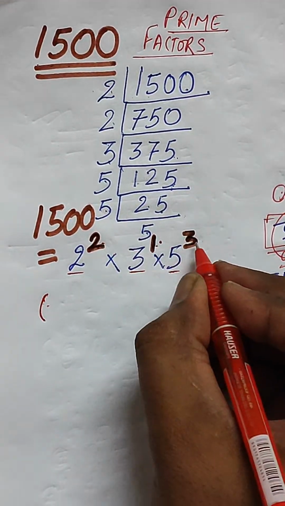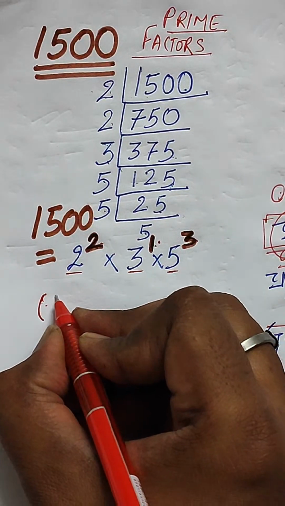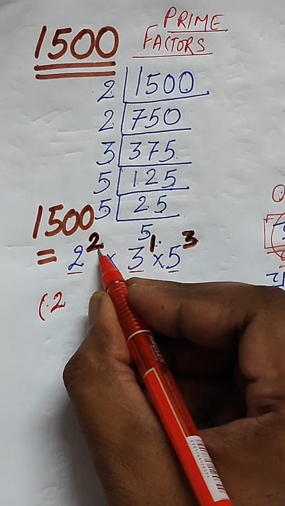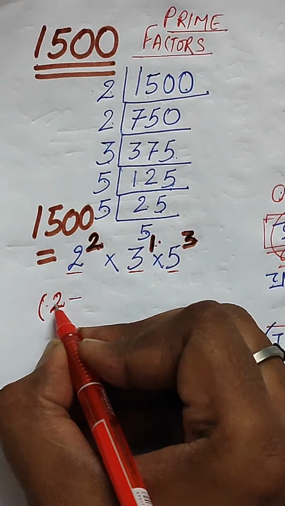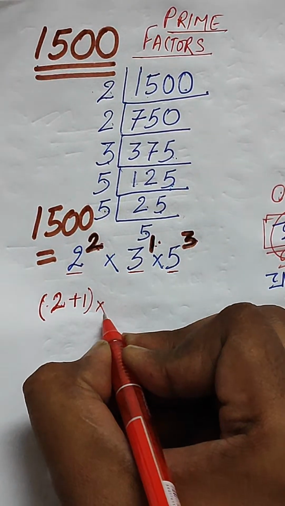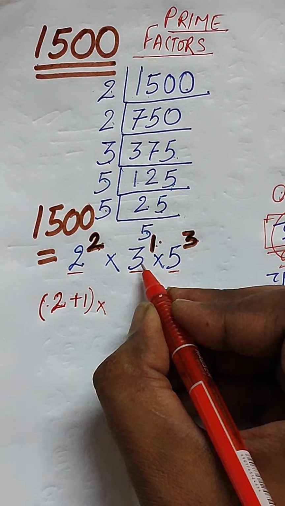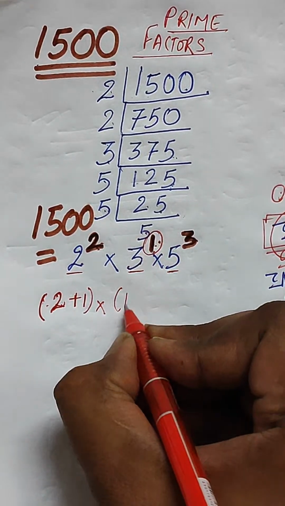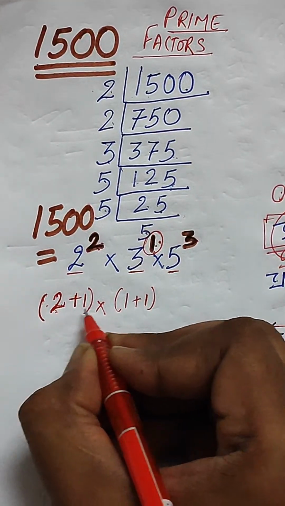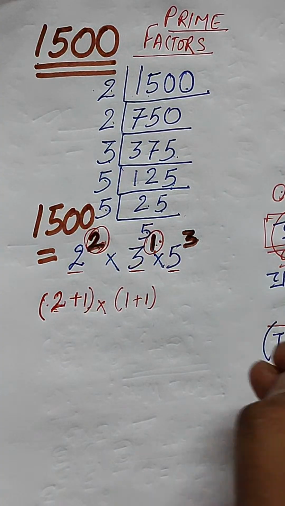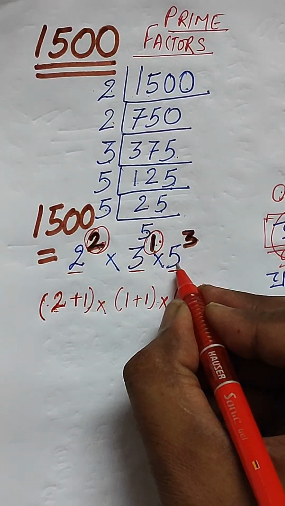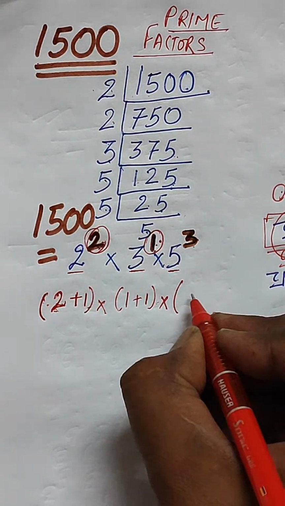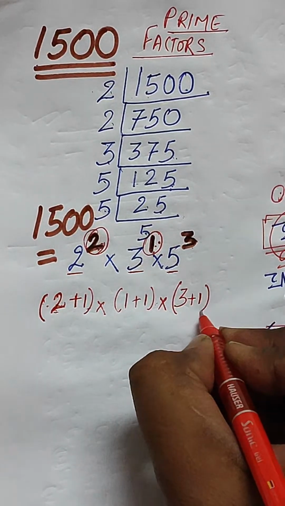If the exponents are a, b, c, then for 2, the exponent is 2, so 2 plus 1, multiplied by the exponent of the second prime factor, 3, which is 1, so 1 plus 1, multiplied by the exponent of the third prime factor, 5, which is 3, so 3 plus 1.